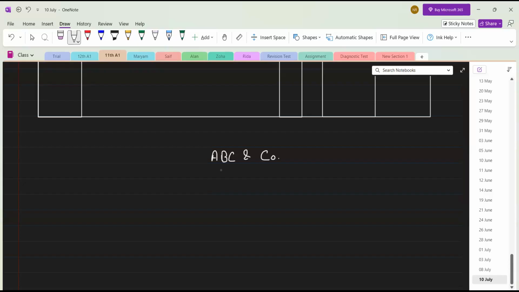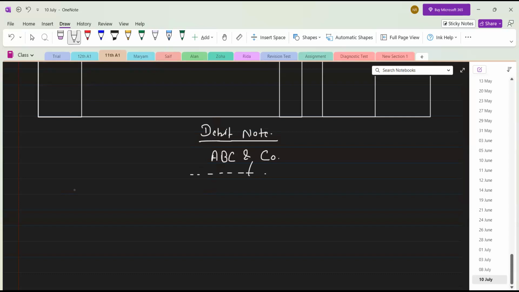The address will be written here, whatever the address is. You will write the heading debit note, either on the upper part or after the name. So this is debit note, ABC and company.